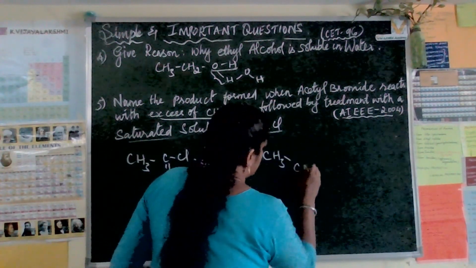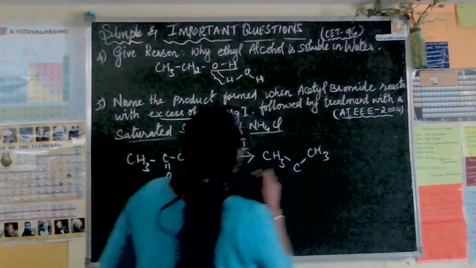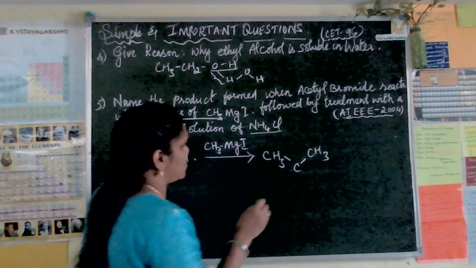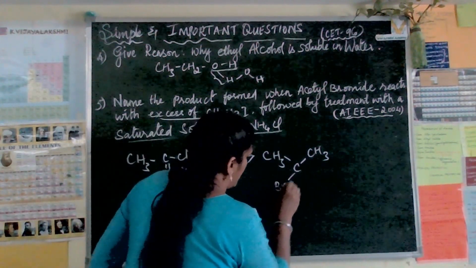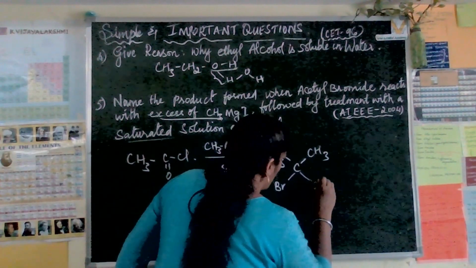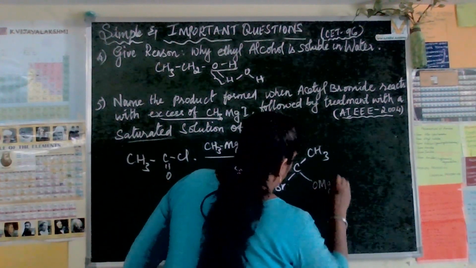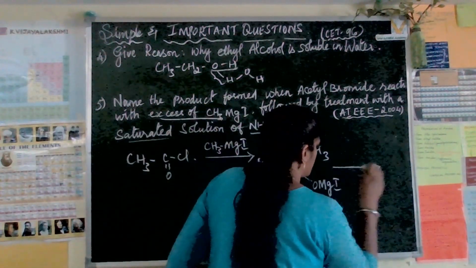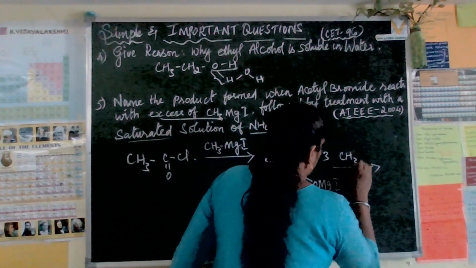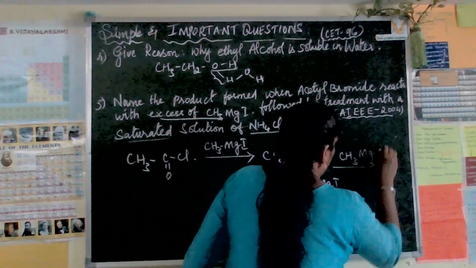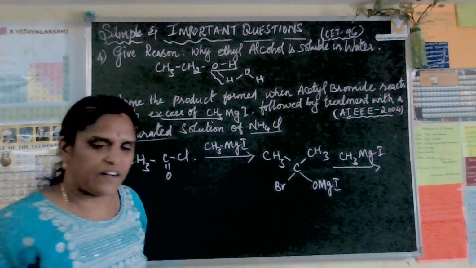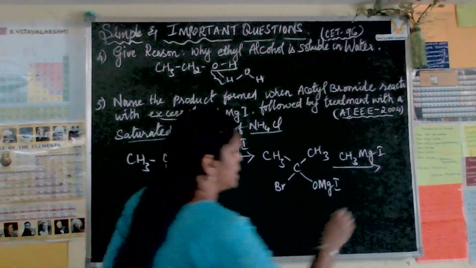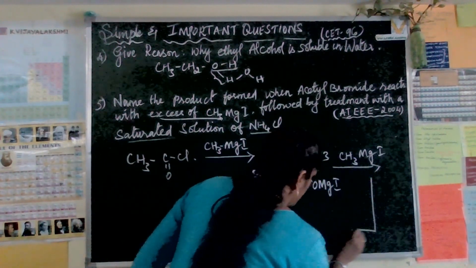CH3C with one CH3, another CH3, and here OMgI. And they mentioned excess, so again it is going to react with CH3MgI. Methyl magnesium iodide is also known as Grignard reagent. Yes, you are getting the answer.